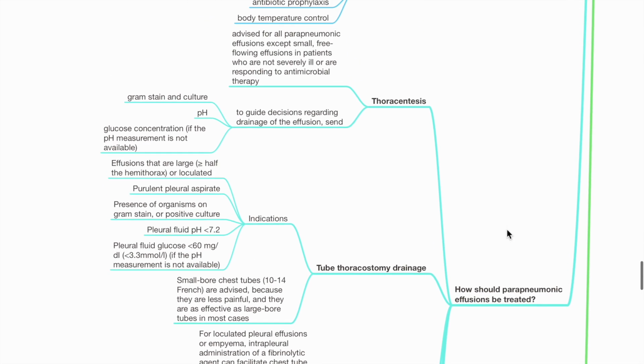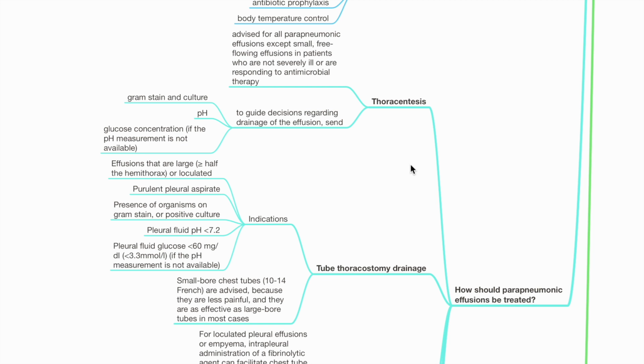How should parapneumonic effusions be treated? Options include thoracocentesis. This is advised for all parapneumonic effusions except for small free-flowing effusions in patients who are not severely ill or who are responding to antimicrobial therapy. To guide decisions regarding drainage of the effusion, send for pleural fluid gram stain and culture, pH, and glucose concentration if pH is not available.